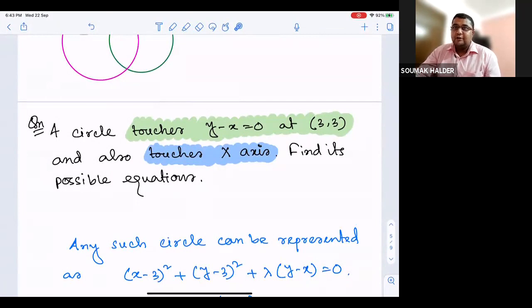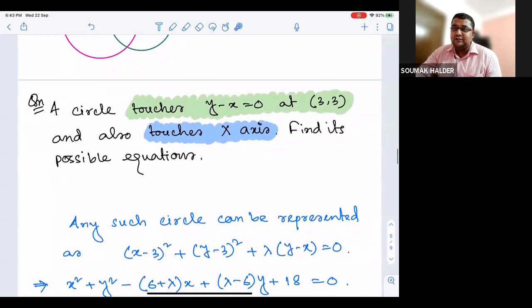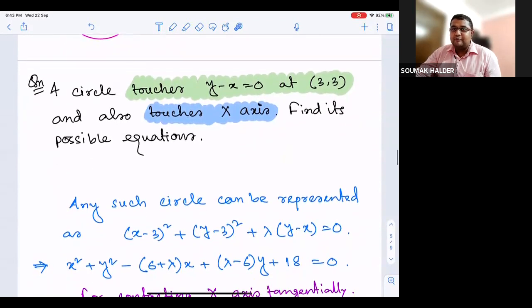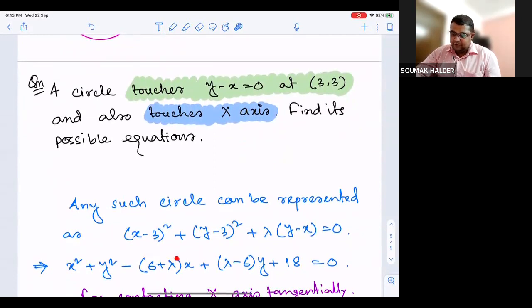Now we know that a circle will touch the x-axis if in the standard general representation of the circle we have g squared is equals to c. So we have transformed the equation into the standard general form. Now the coefficient of x will be the reference of 2g, and this 18 is the reference of c.